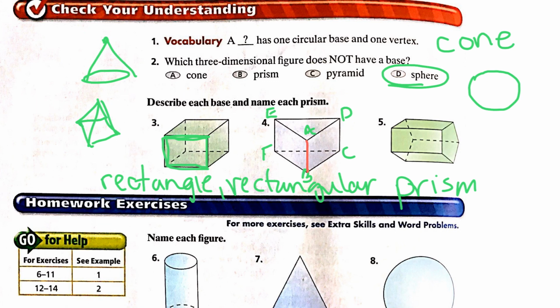So line AB is connected with AD, BC, BF. All of these lines are connected to line AB. And when you write a line like that, you'll do it where it just is a line over the top of it, and then the two letters below, line AD.